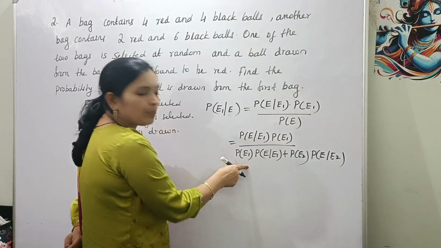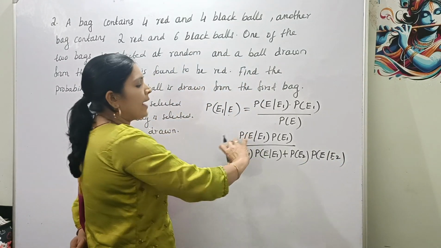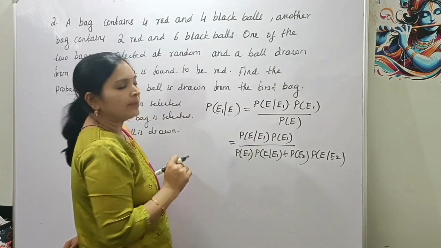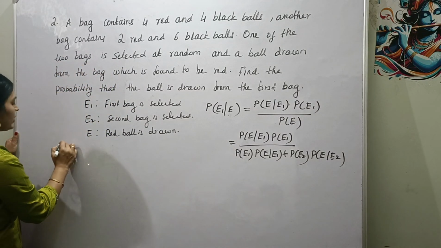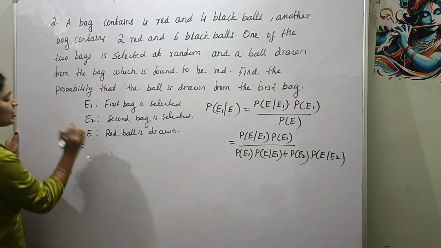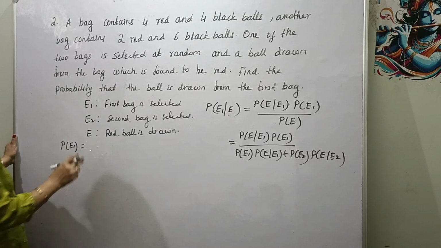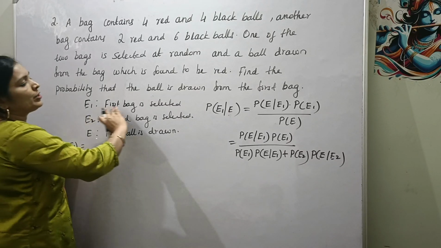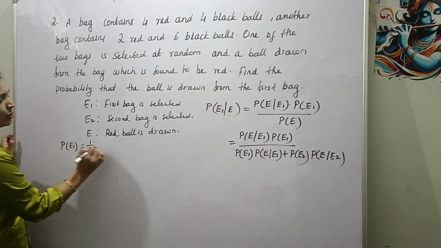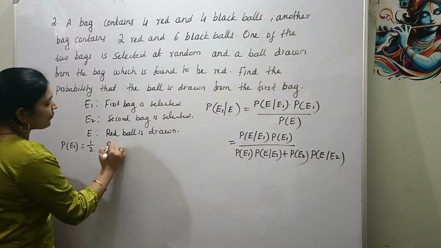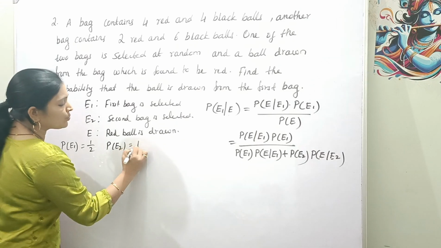It is the total probability theorem, and together it is called Bayes theorem. Now, what is the probability of E1? Probability of E1 means the probability that the first bag is selected. There are only 2 bags, so that is 1 by 2. Probability of E2 is also 1 by 2.